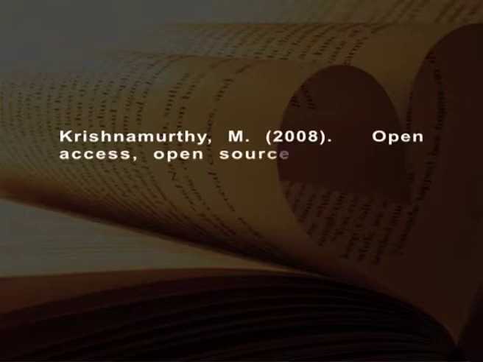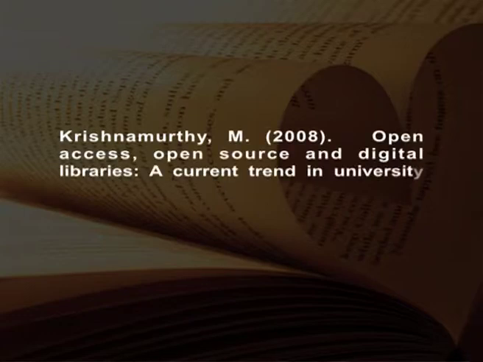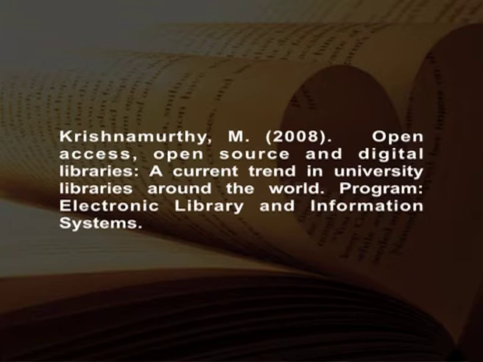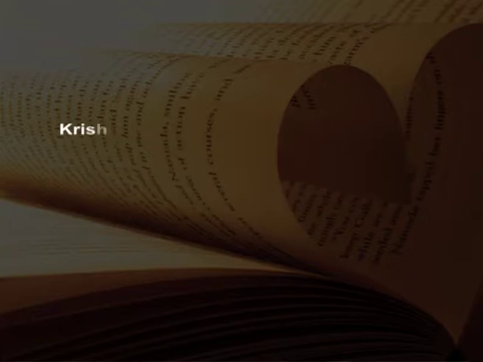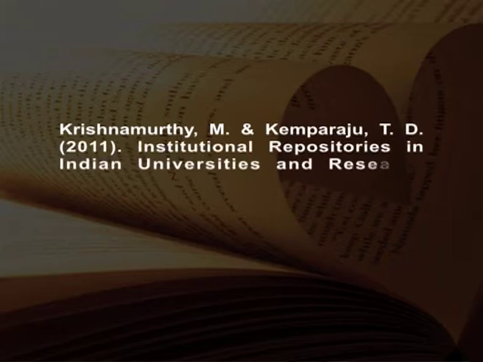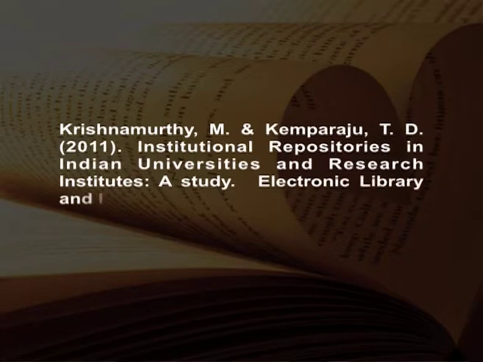Open Access, Open Source and Digital Libraries, a Current Trend in University Libraries Around the World, Program, Electronic Library and Information Systems. M. Krishnamurthy, 2008. Institutional Repositories in Indian Universities and Research Institutes, a Study, Electronic Library and Information Systems. T. D. Kemparaju and M.